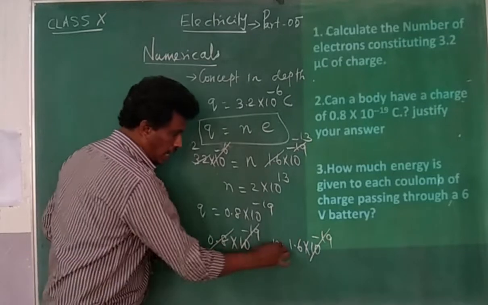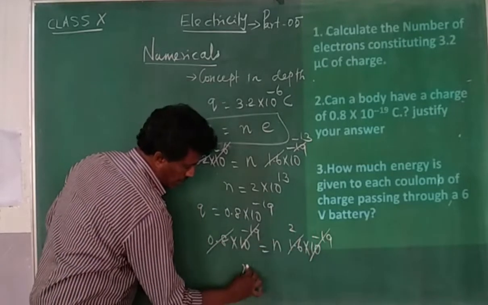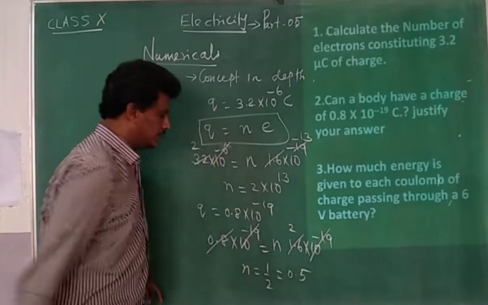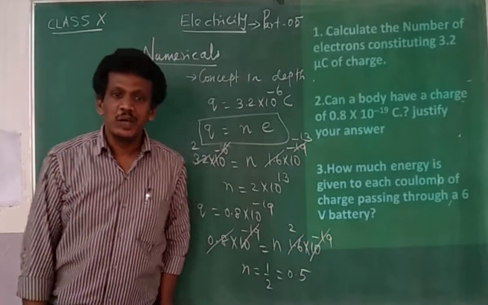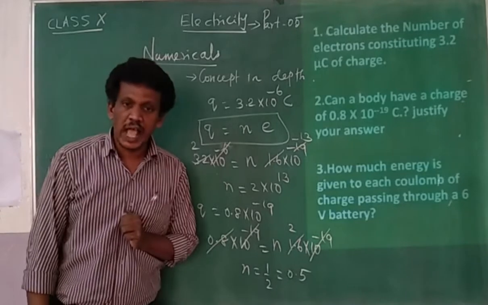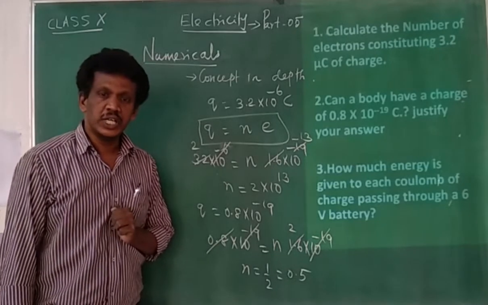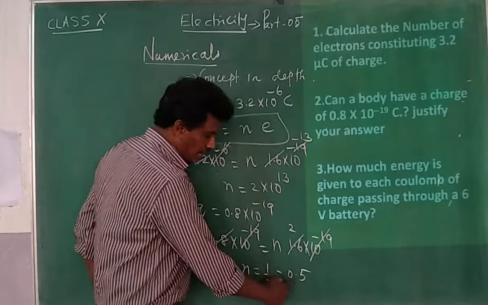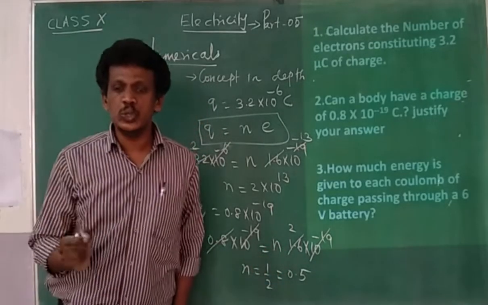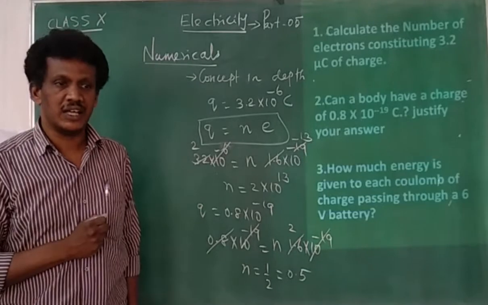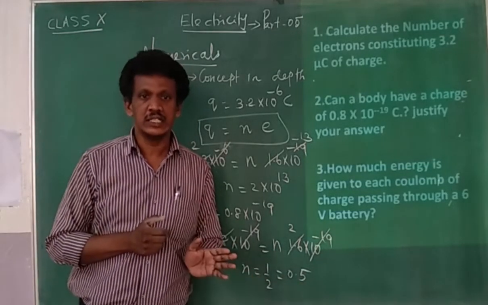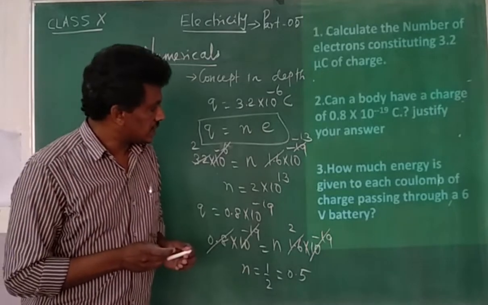Cancel, and here we have N equal to 1 by 2, which is 0.5. Can anybody have this value of charge? No, because N can have 1, 2, 3, 4, etc. N cannot be a fraction. Is it clear? Yes.